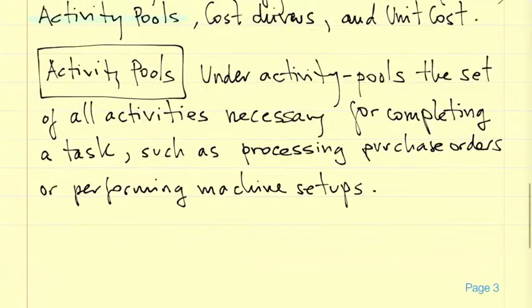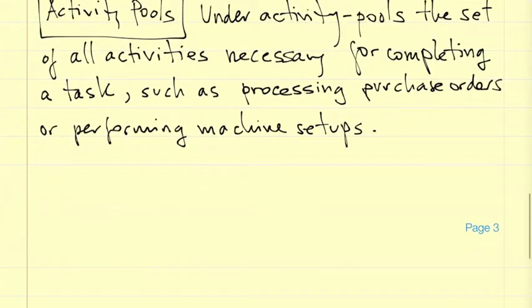So one activity pool describes all activities. Activity pools are the set of all activities necessary to perform a task. Okay.